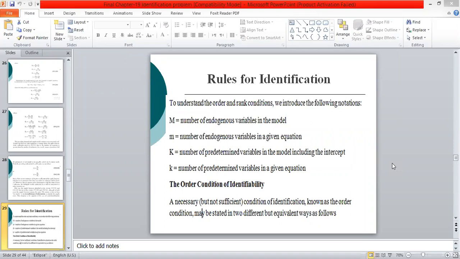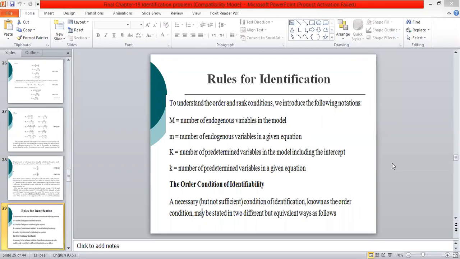But from many examples that we have already done, we have seen how time consuming and laborious this method is.